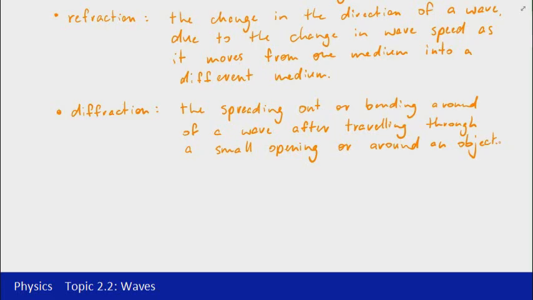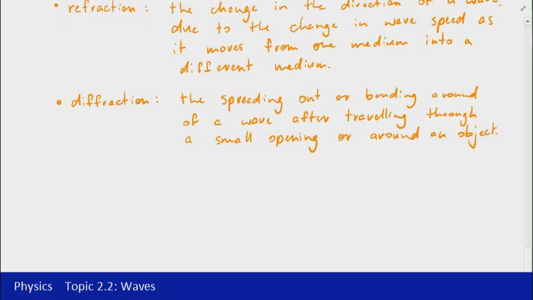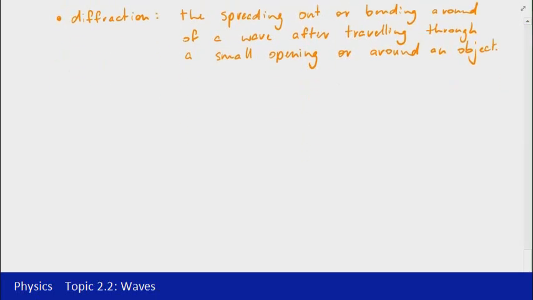Light is another example where diffraction is important. We're not really going to go into diffraction in much more detail than that, but there is a lot more of a mathematical approach you can take. Basically we just need to be aware that waves can bend or spread out after they pass through a small opening or around an object.